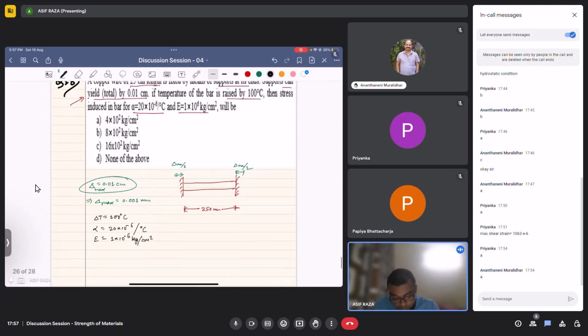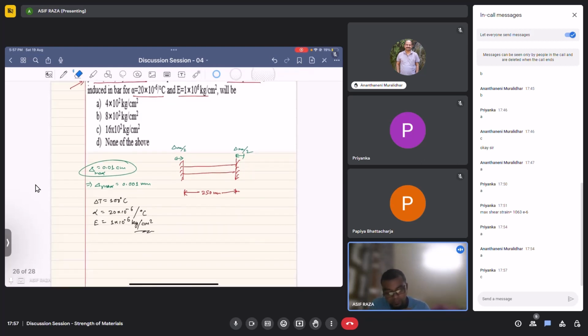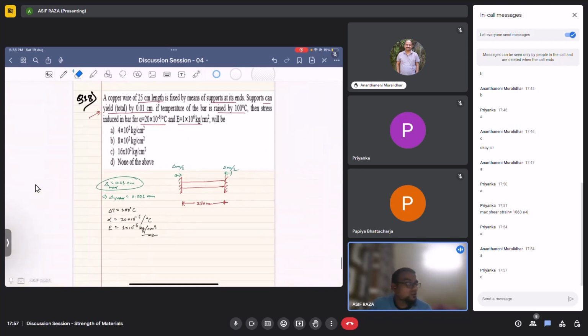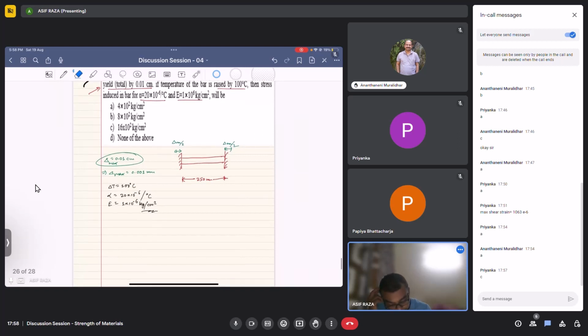Okay, in this case units are given in kg per centimeter square, that is a CGS unit. I'll just keep this as kg per centimeter square, and I'll be careful about the dimensions we are using. Okay, let us see.